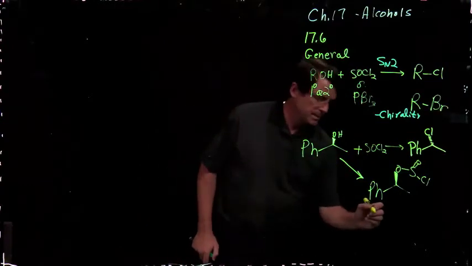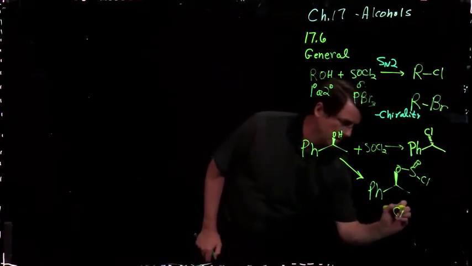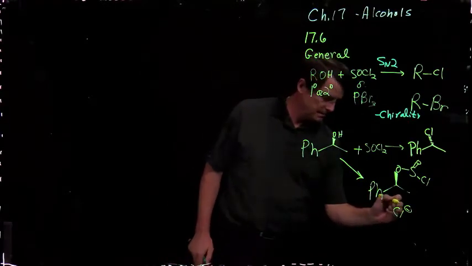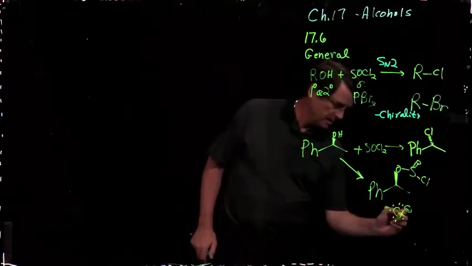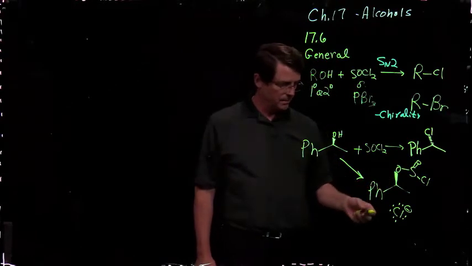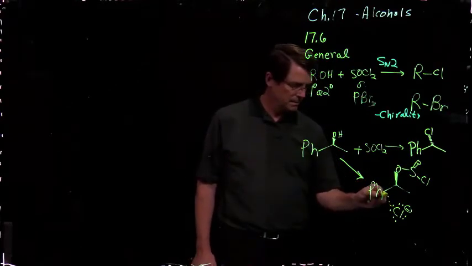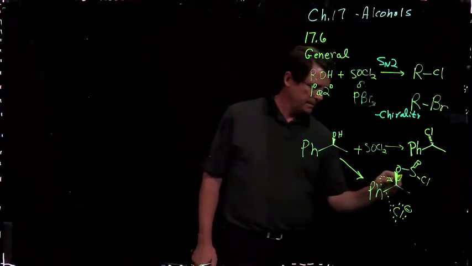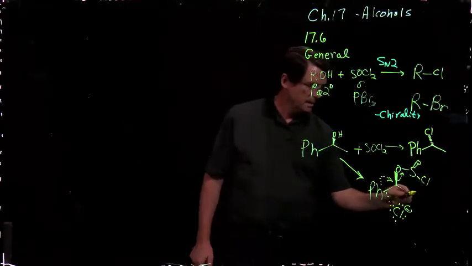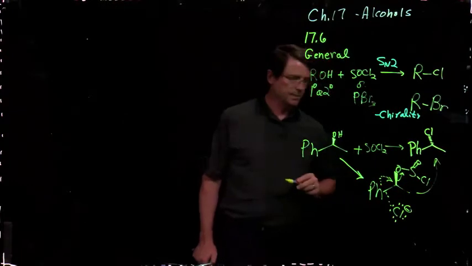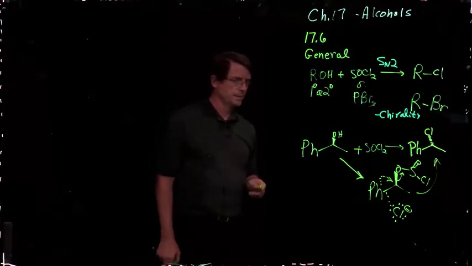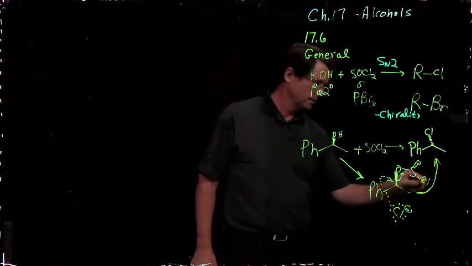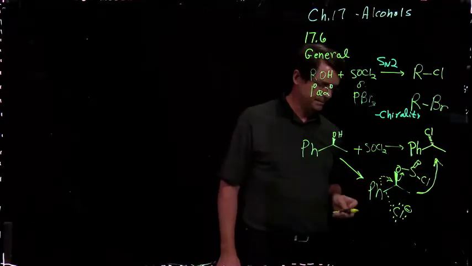Of course, when that happens, we have a chloride floating around in solution. And if you remember the mechanism of SN2, it has to come in 180 degrees from the leaving group, and that gives us the inversion of configuration for the production of the alkyl chloride in this case.